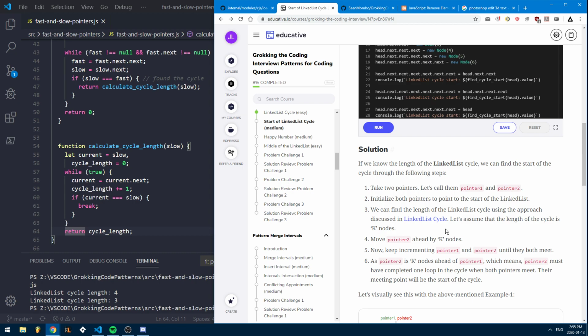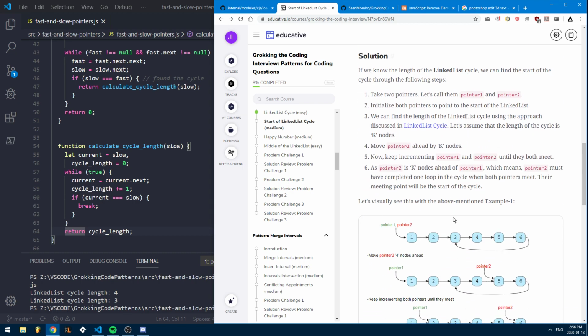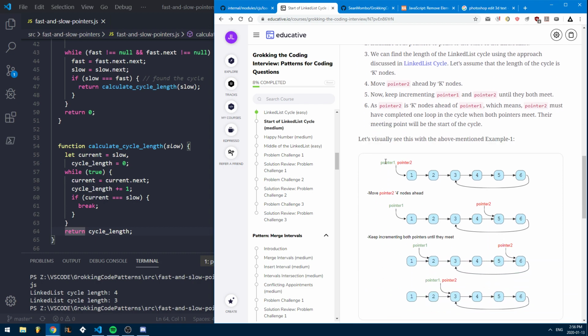It means pointer 2 must have completed 1 loop in a cycle when the pointers meet. Their meeting point will be the start of the cycle. We can see this visually with the above mentioned example 1. Pointer 1, pointer 2. So we find the length and we know it's 4, so we move pointer 2 4 nodes ahead.